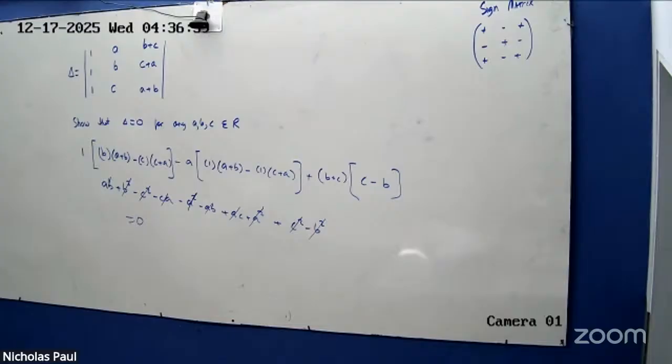Of course, if any row is all zeros, the determinant is 0, right? If any row is all zeros, then the determinant is 0.